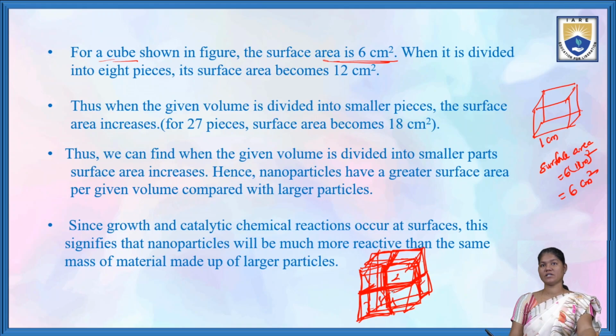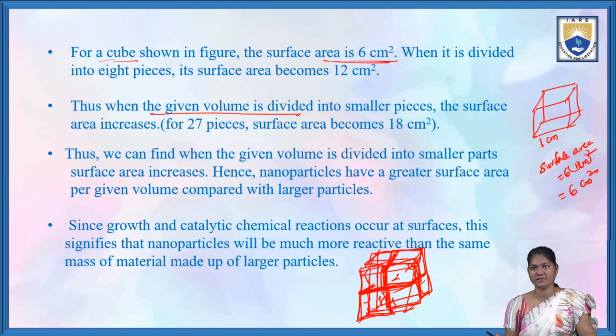When it is divided into 8 pieces, its surface area becomes 12 centimeters square. Thus, when the given volume is divided into smaller pieces, the surface area increases.